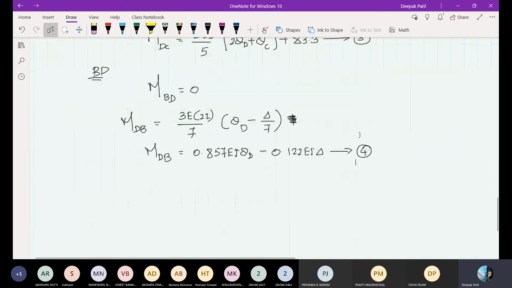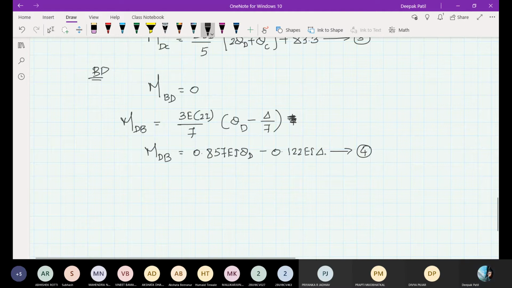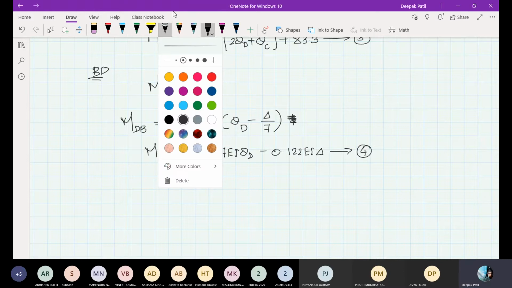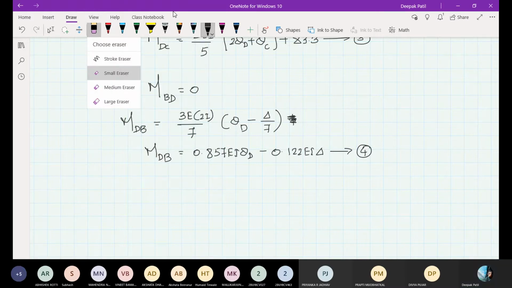Hope you don't have any doubts in these equations. Any doubts? Yes or no?